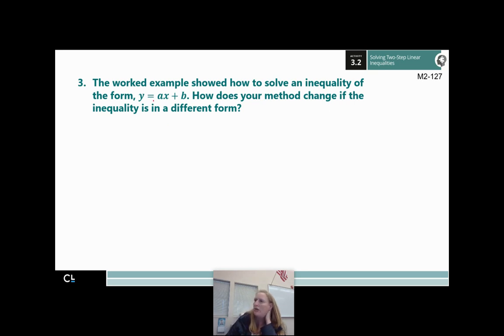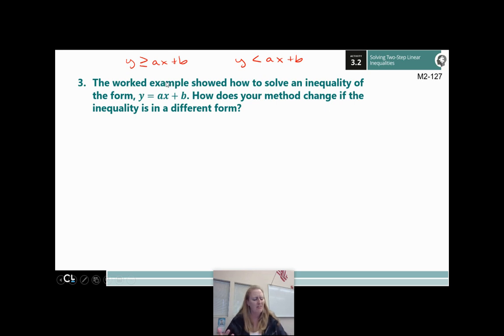So we're used to solving stuff with an equal sign, but you know what? We were just solving stuff that was like y is greater than or equal to ax plus b, or y is less than ax plus b. Was it really all that different when we solved it?